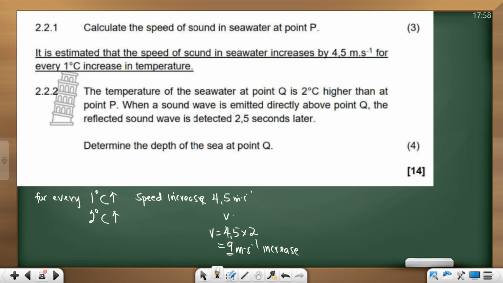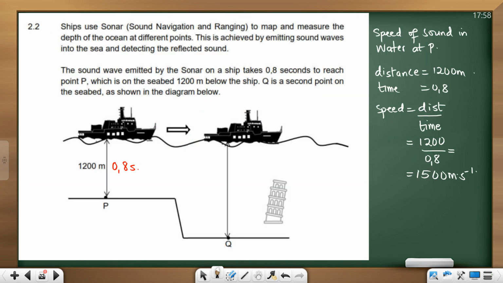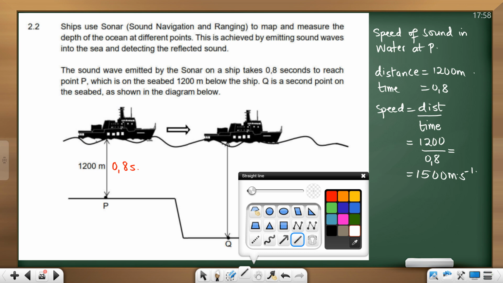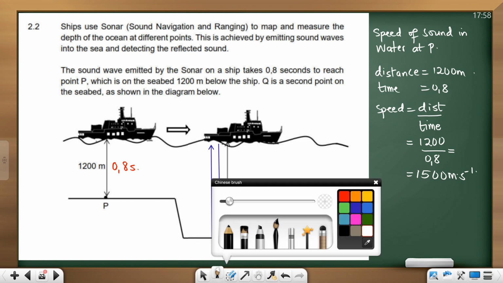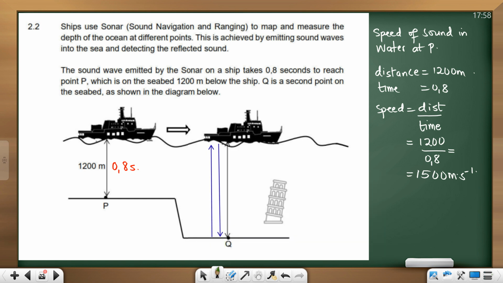The reflected sound is detected 2.5. Wait, the reflected means it has traveled and it has gone back. That is an echo. Please always watch out for those things. That is an echo, which means sound comes down and goes up, and the total time is 2.5. What is the time for one trip?